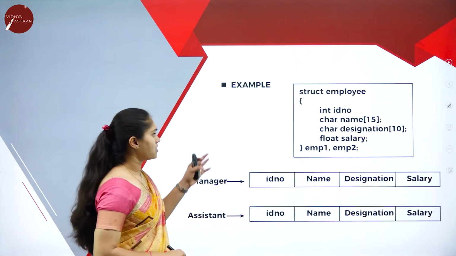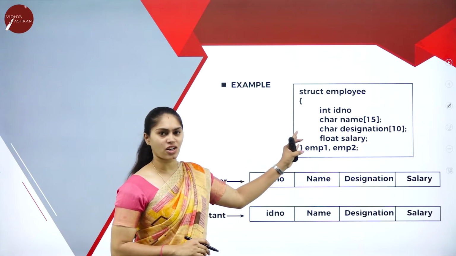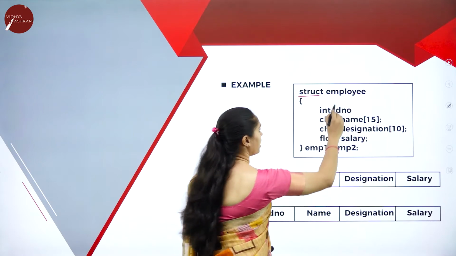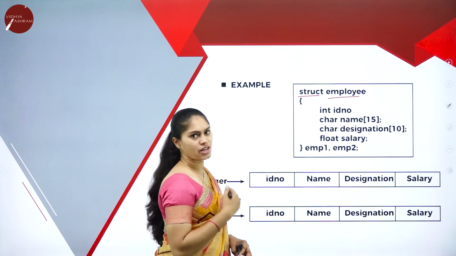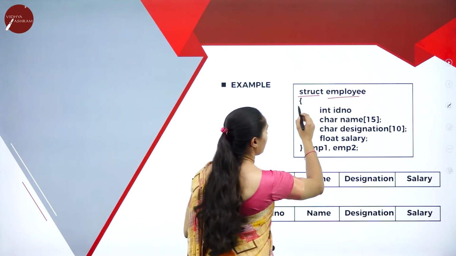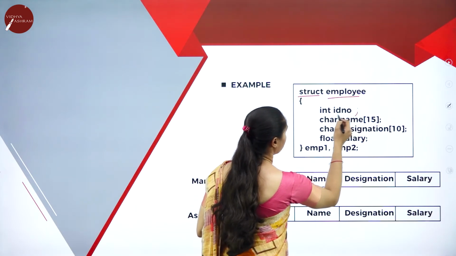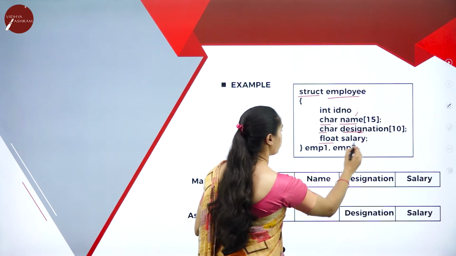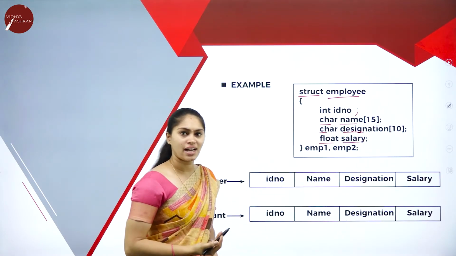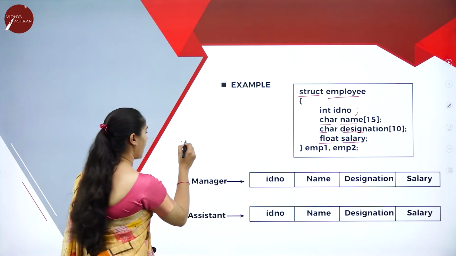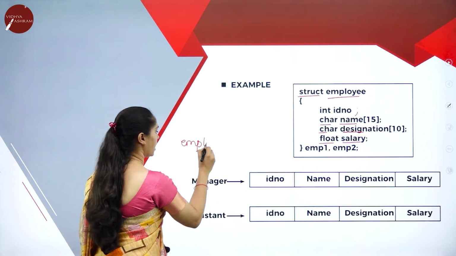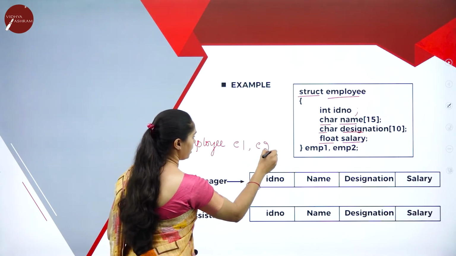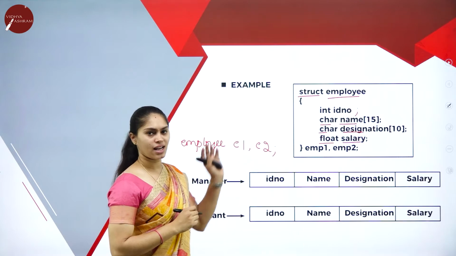So here you can see that we are creating one structure for the employee, which I have already discussed. struct is a keyword, employee is the name of the structure or the tag of an employee, and here I have int ID number, char name of 15, char designation and float salary. How are we going to create a variable? I have to create a variable with the help of the name of the structure, and I create the variable which I require for that particular structure.